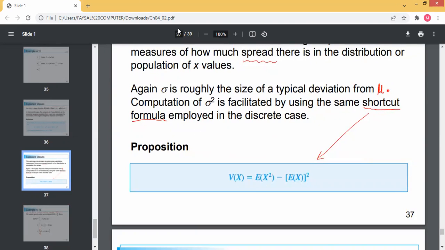So V of x will be equal to E of x square minus E of x whole square.